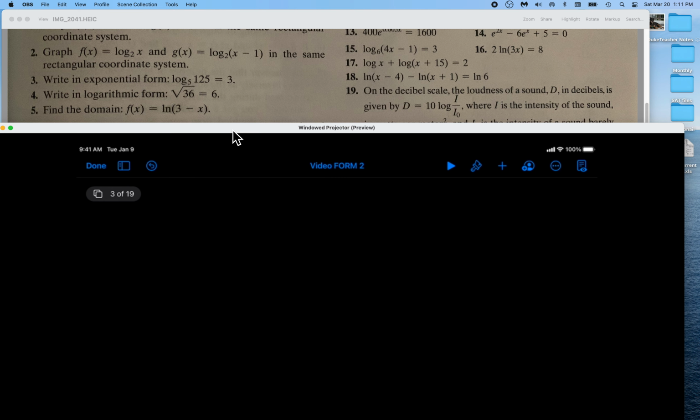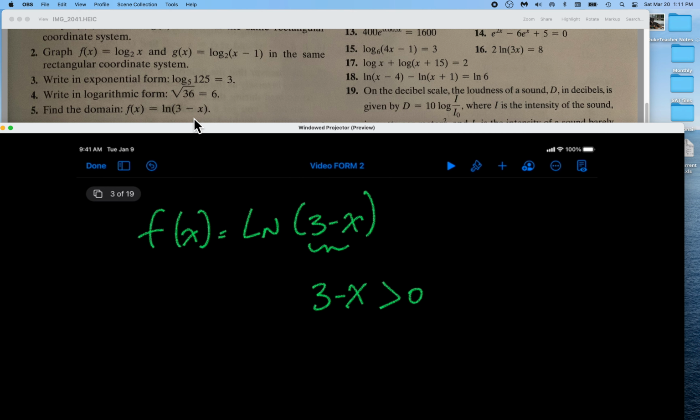Okay, find the domain of f of x equals natural log of (3 minus x). So ladies and gentlemen, this cannot be negative. So what you do is you just set that argument greater than 0.